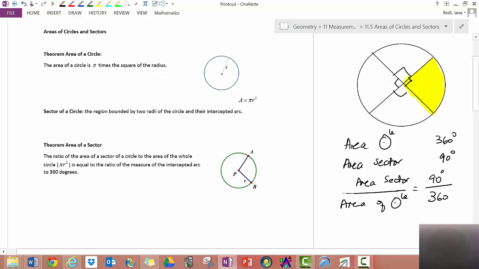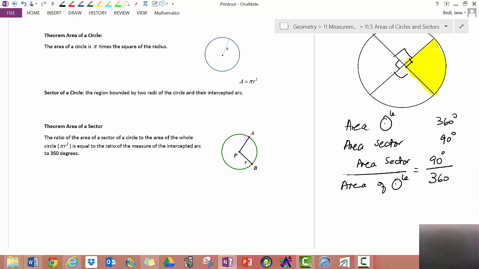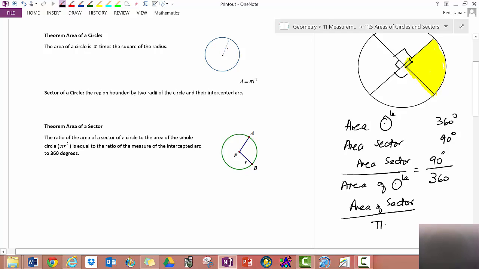So we can further write this as area of sector over pi r squared is 90 degrees over 360 degrees.